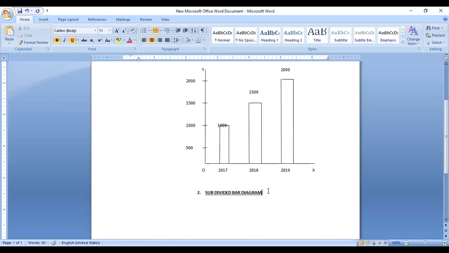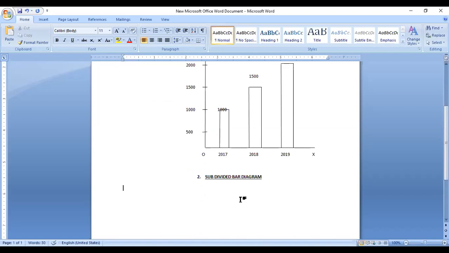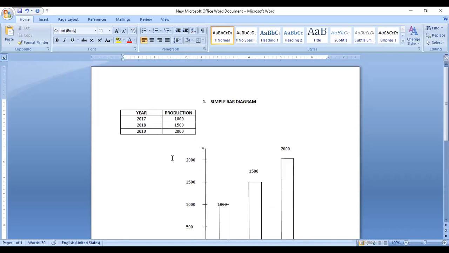I hope all of you understood simple bar diagram. Now I will draw this with an example. Now this subdivided bar diagram I will show with the example, continuing this example.